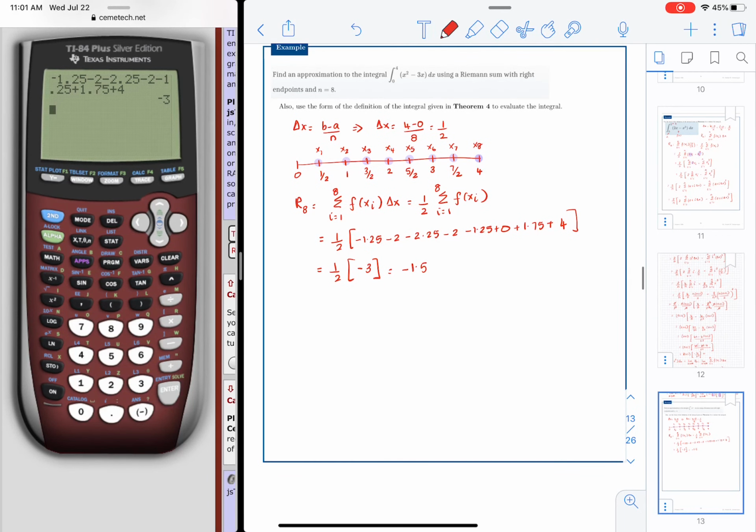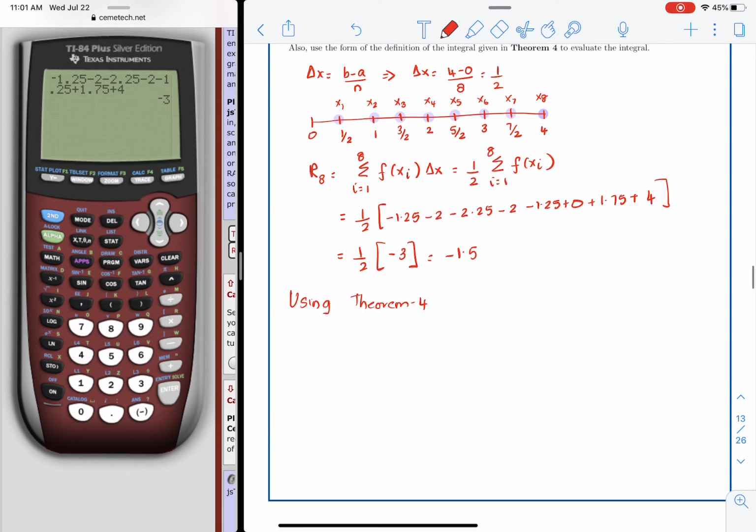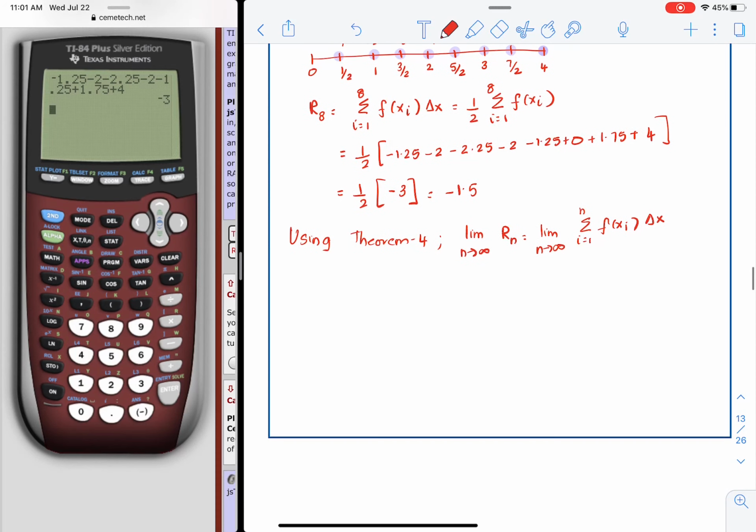Now we're going to move on to using theorem 4. So using theorem 4, which simply means we have to take the limit as n approaches infinity of the Riemann sum, and in this case delta x is b minus a divided by n, so we have 4 over n.